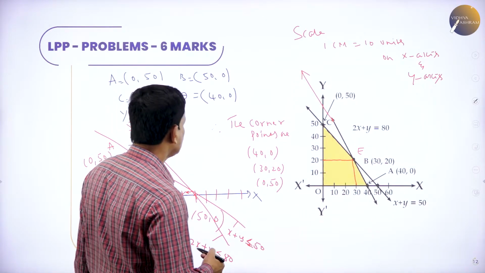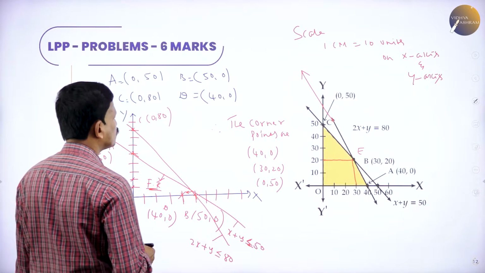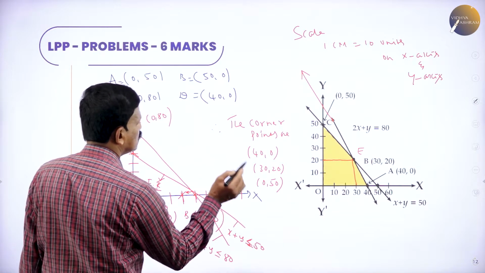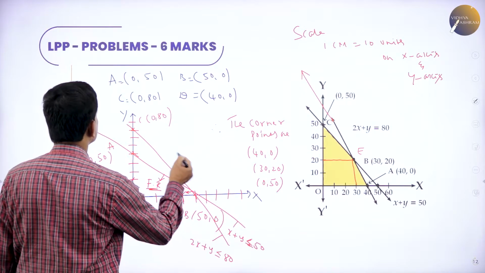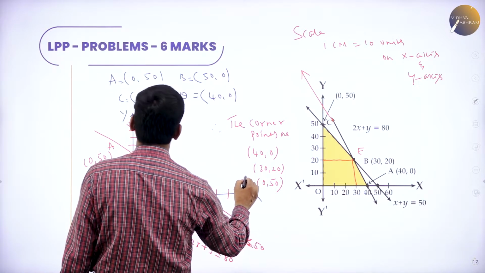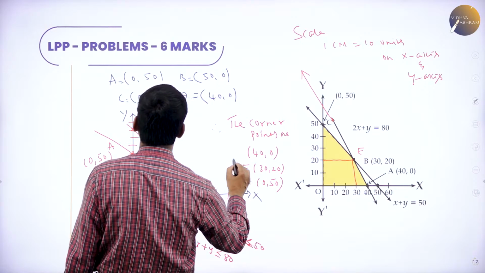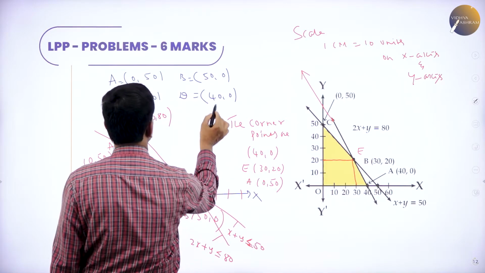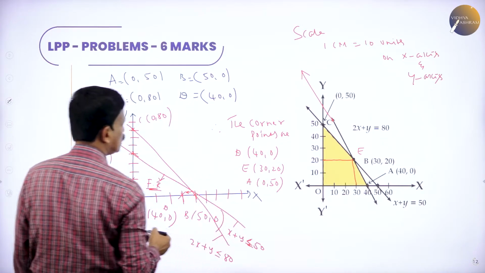Okay. Therefore the corner points are A, C, E and D, where D is 40 comma 0.